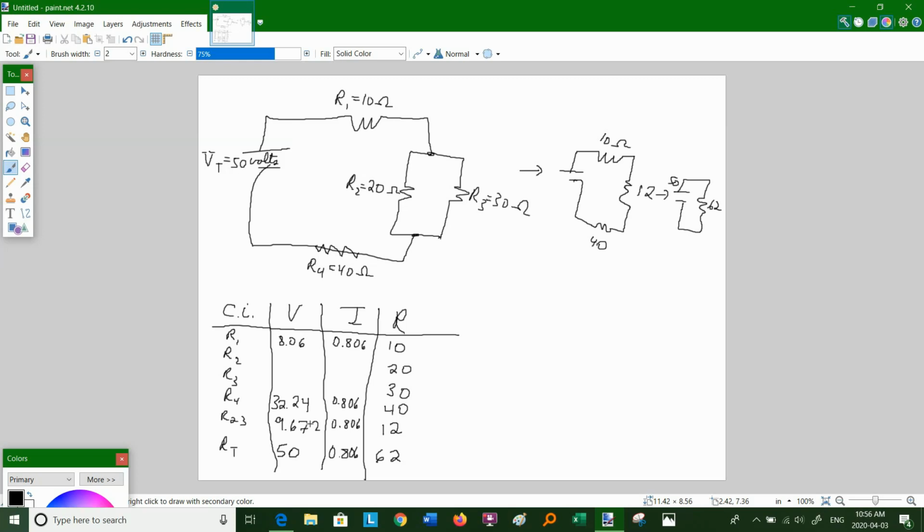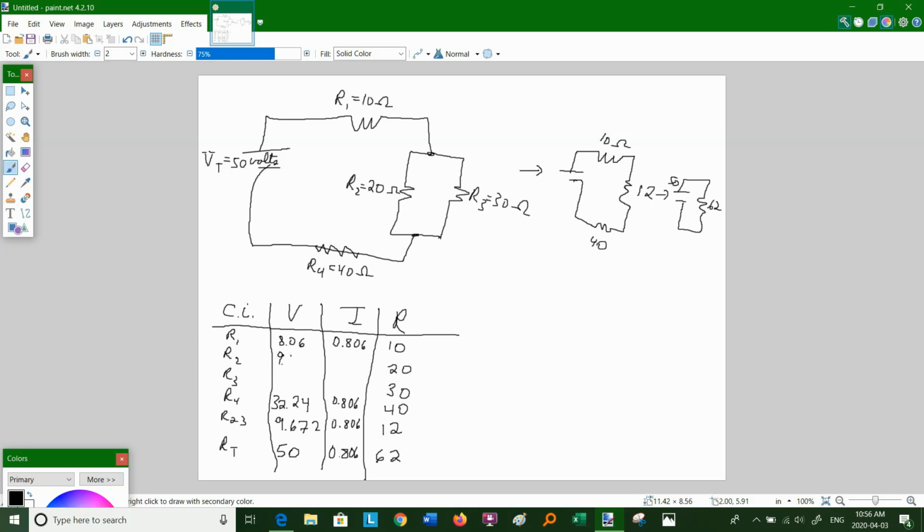So I got 8.06, 9.672 plus 32.24 plus 8.06 is 49.97, which is roughly 50. And then I'm going to have the voltage across R2 and the voltage across R3. Now, how am I going to do that? Well, they're the same as the voltage across R23, right? They're in parallel with it.